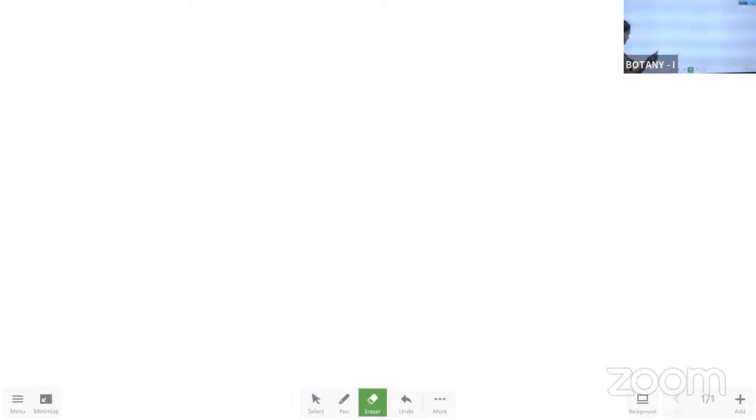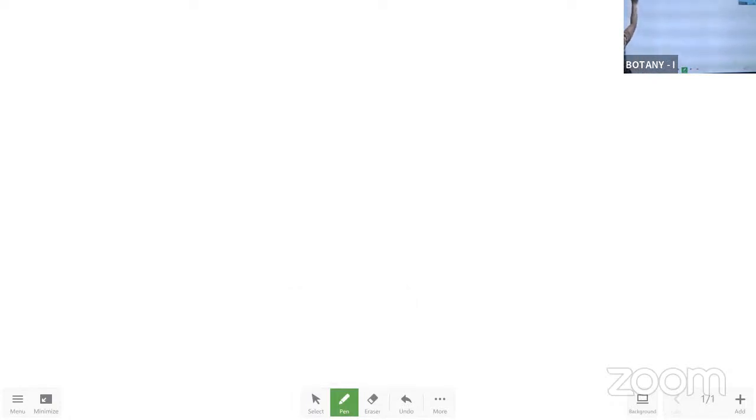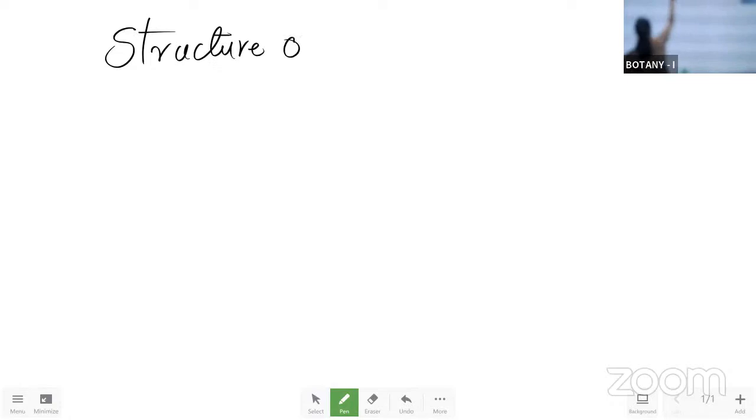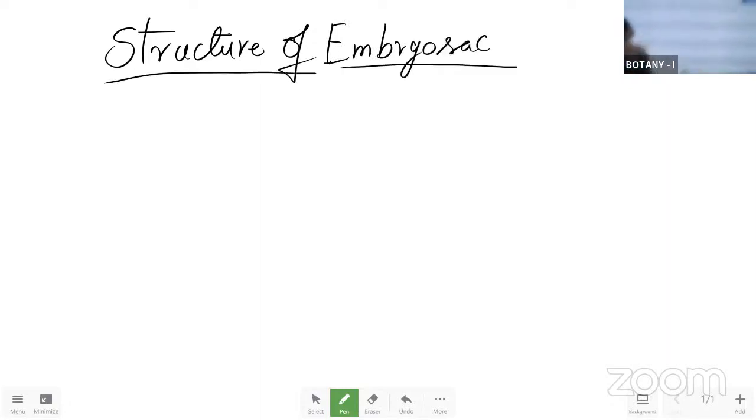So in that, the very first LAQ is the structure of embryo sac.